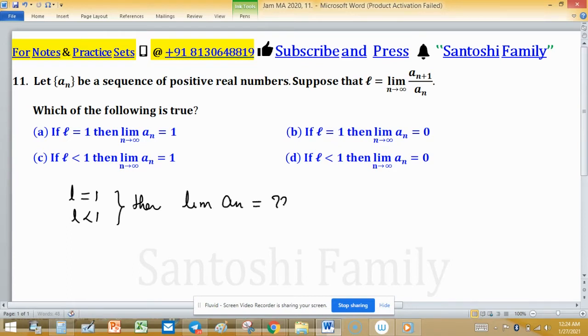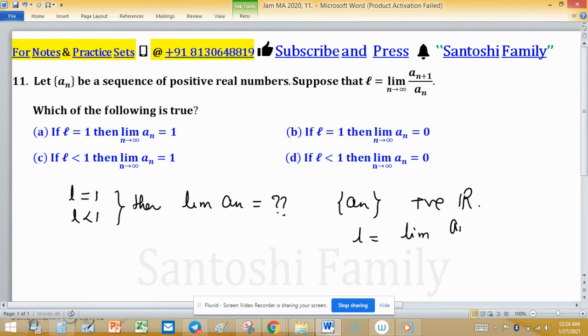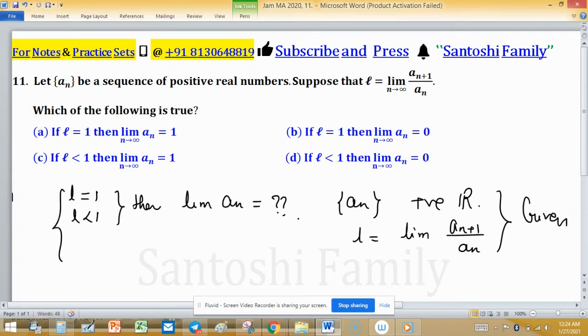This is the question, and it is given that a_n is a sequence of positive real numbers and L equal to limit of a_{n+1} divided by a_n. This is given, and this is what we have to tell about.